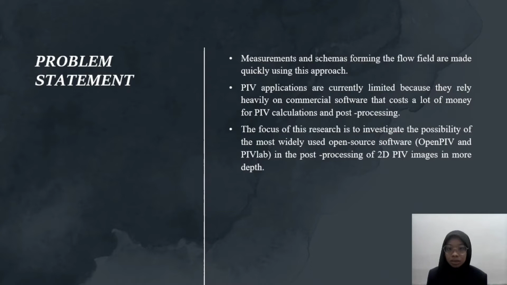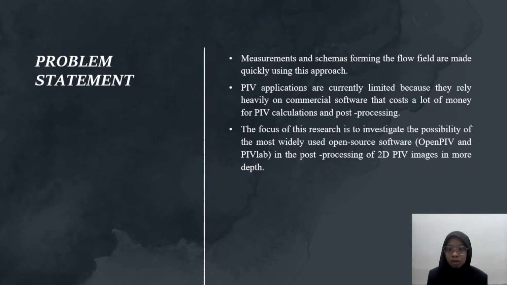The PIV system is known as a lower cost tool for analyzing basic flow mechanics information, but PIV applications are currently limited because they rely heavily on commercial software that costs a lot of money for PIV calculation and post-processing.